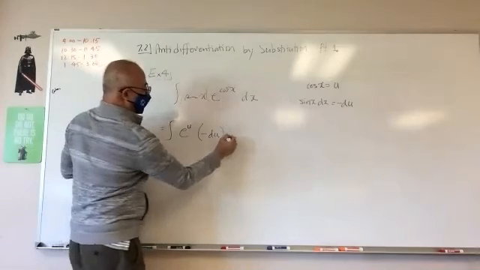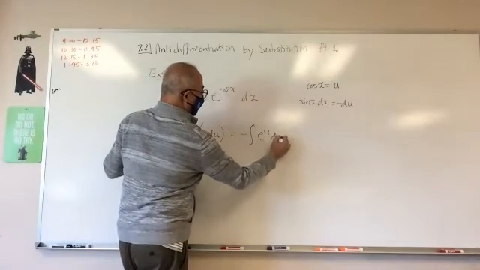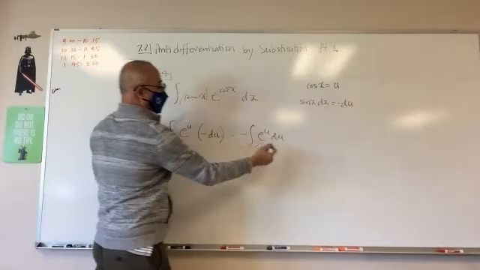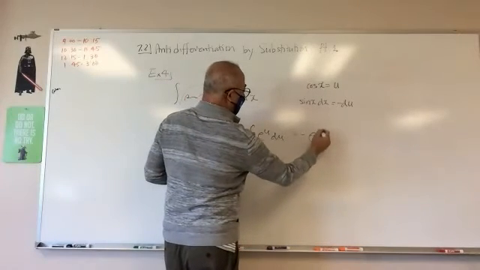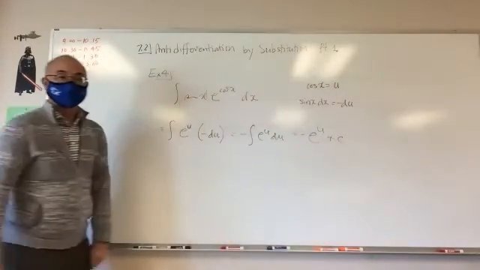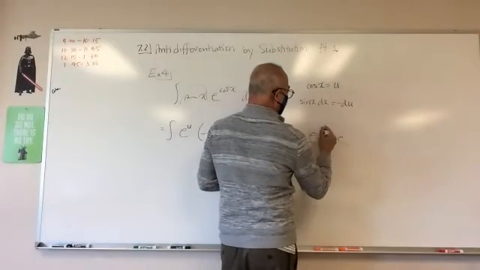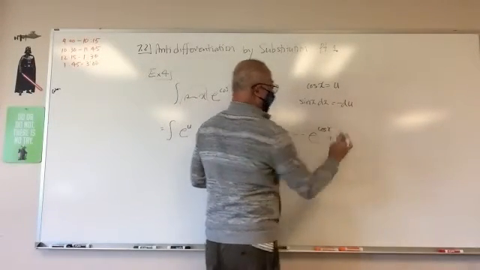So I'm going to pull the negative over, negative e to the u du. Oh, this is something I can do. This is negative e to the u plus c, correct? Except for u is, ta-da, that's my answer.